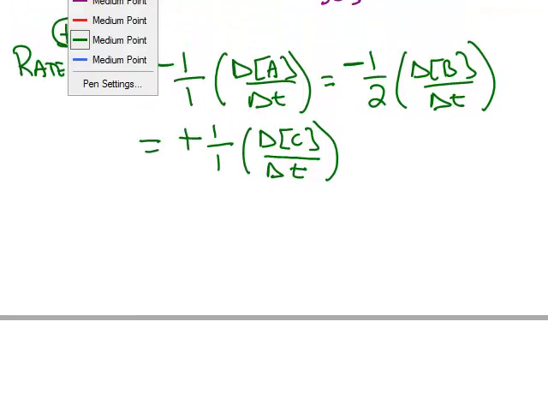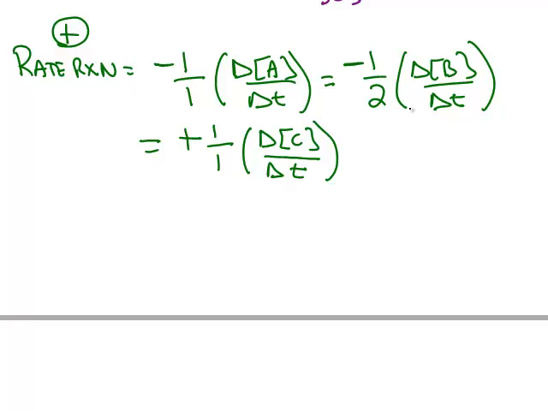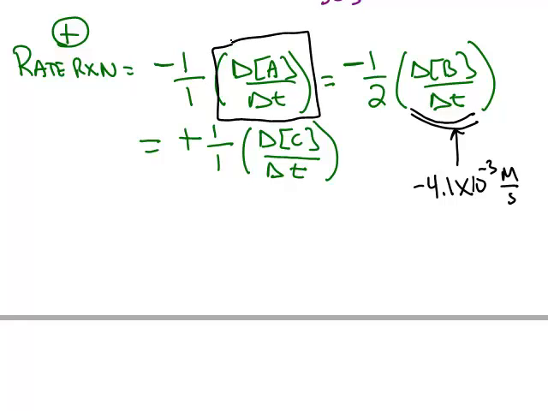So we just found the rate of change of chemical B. We found this part in the parentheses, that this number was negative 4.1 times 10 to the negative third molar per second. We're trying to find the rate of change of chemical A, so that's this part. So we have negative 1 over 1 times our unknown, which is what we're looking for.